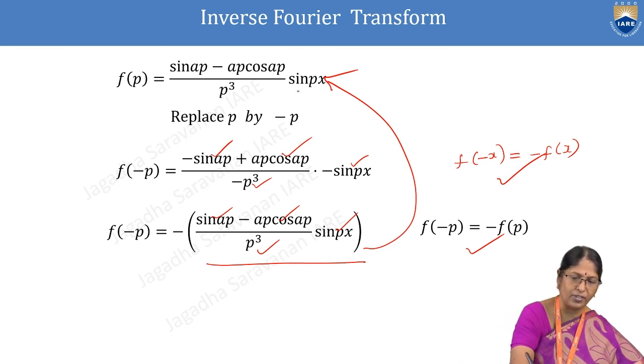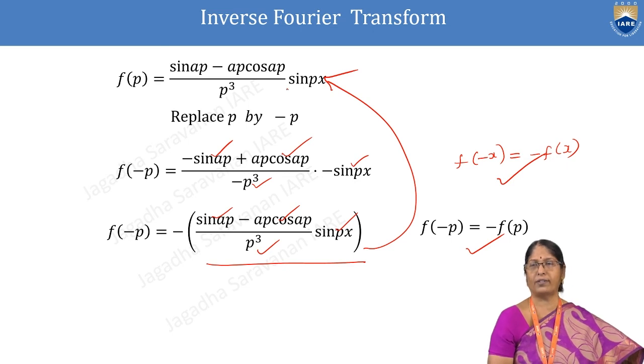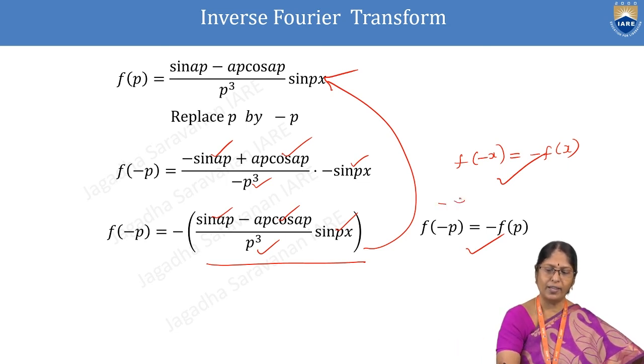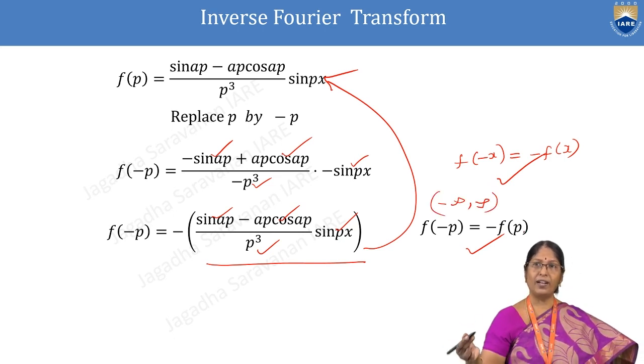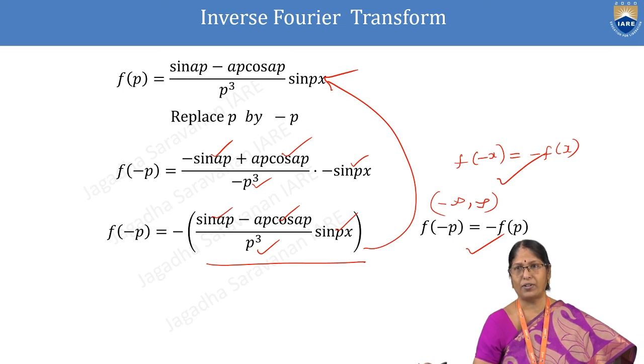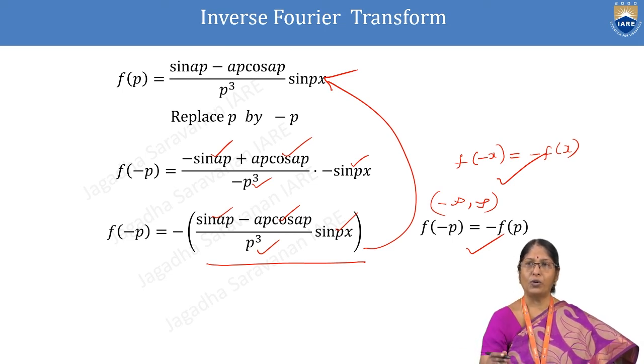So the second integral that we focused on is an odd function. Not only that, the interval is also minus infinity to infinity. If the interval is from minus infinity to infinity and the function is odd, the integral vanishes. So the second integral doesn't exist.